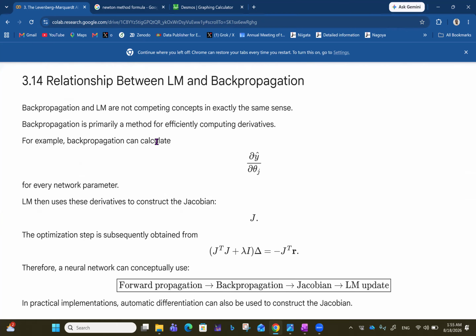So forward propagation predicts a value. That predicted value is compared with the observed value, and then the loss is computed. Then backpropagation helps to adjust the weights and parameters so that when the next prediction is made, the loss is smaller, and that process goes on.